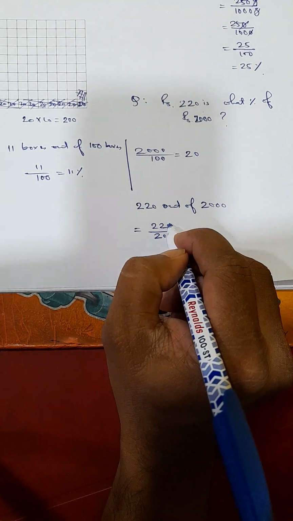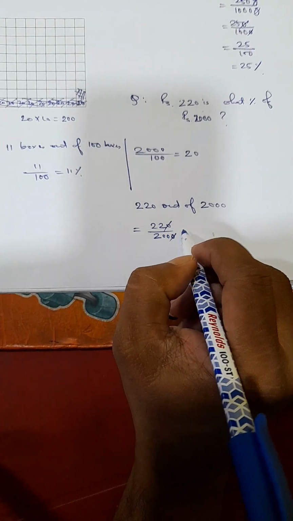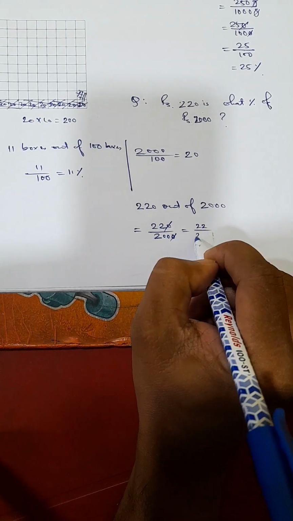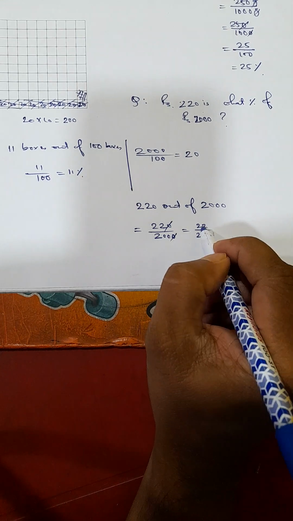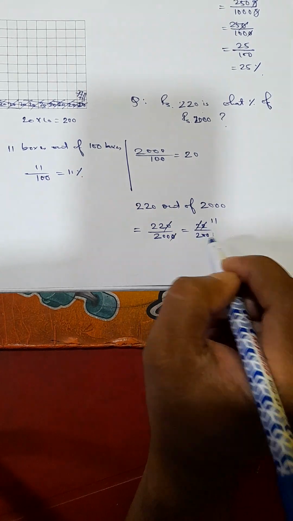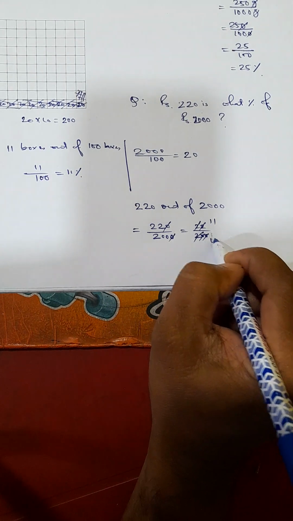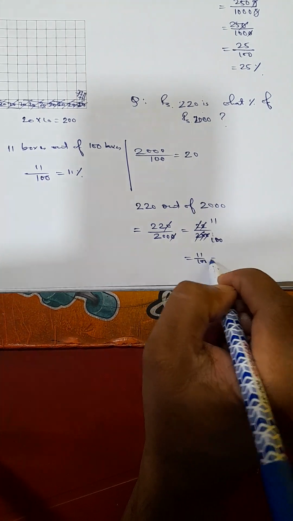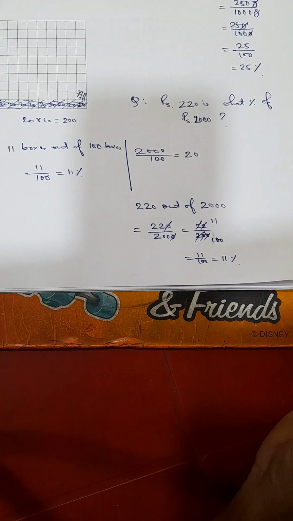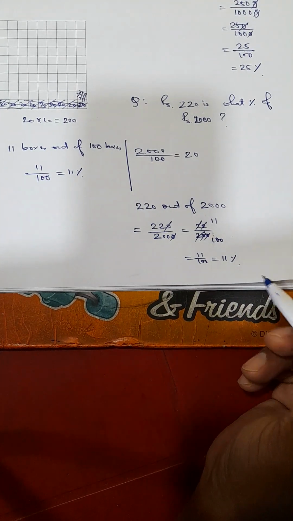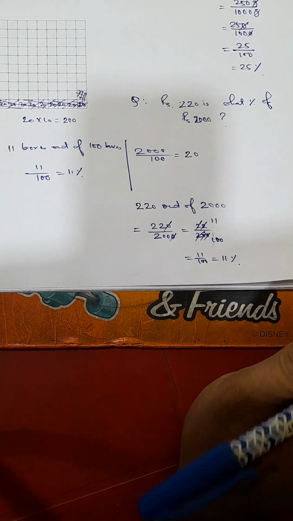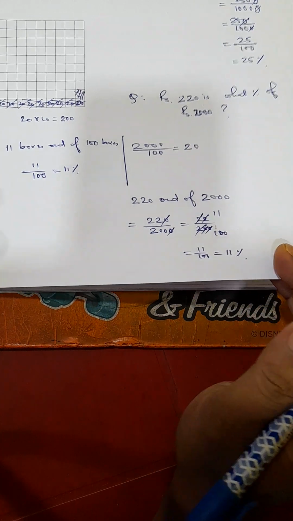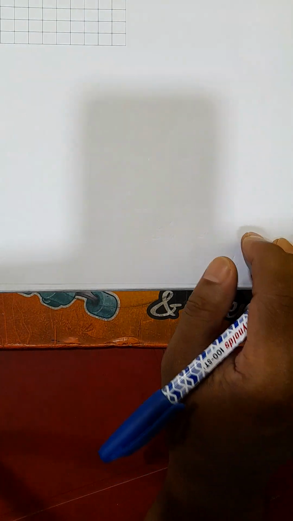Both are divisible by 10, so we can cancel one 0. This becomes 22 by 200. Again these are divisible by 2. 2 11s are 22, and 2 into 100 is 200. So 11 by 100. That means 11%. So you got the answer.